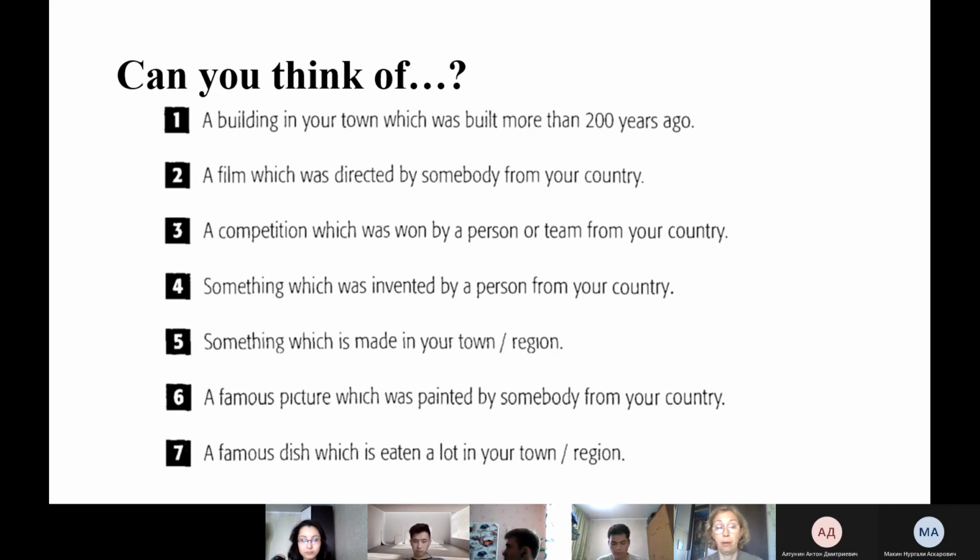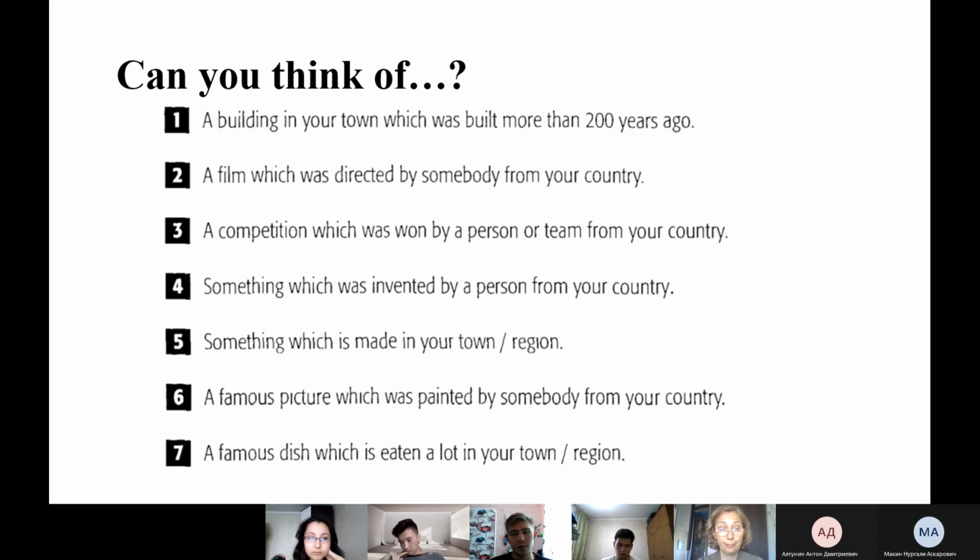Vegetables which are made in my region. Vegetables is a plural noun, so the verb to be in the present tense will be are. Vegetables are made in my region. Yes, good.